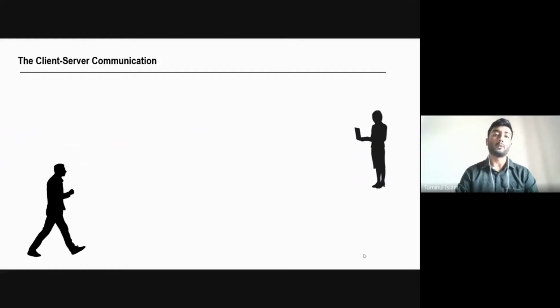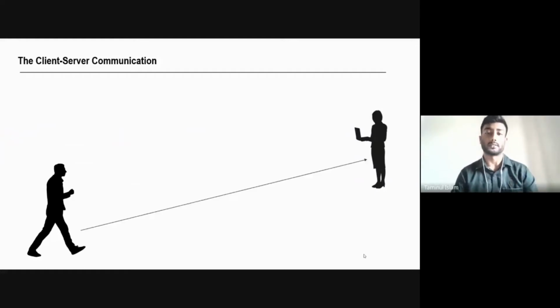Let's assume a scenario where we are trying to communicate with an unknown person. It cannot always be done on your own, right? It has to be done by a third person who can build up your communication.